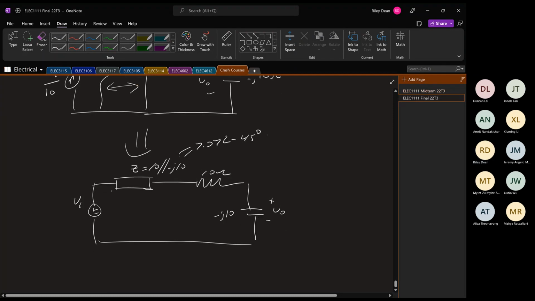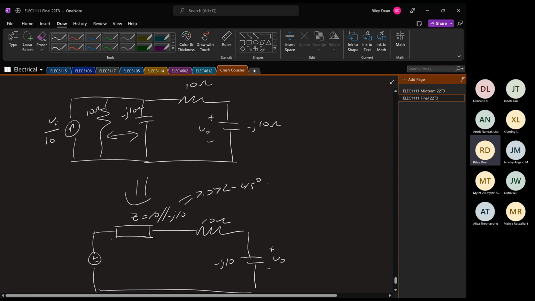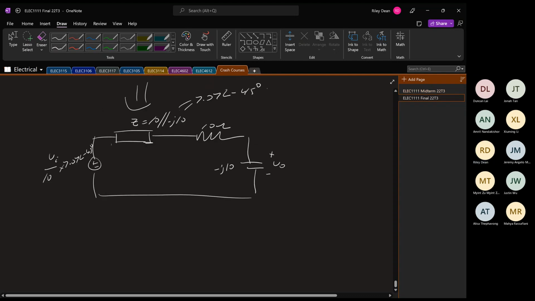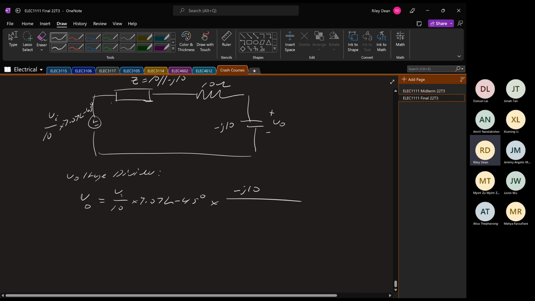Okay, so here we have that, and V is going to be IR, so it's VI on 10 times 7.07 angle minus 45. And then lastly, we just have to use a voltage divider. So VO equals VI on 10 times 7.07 angle minus 45 degrees, and we have minus J10, which is what we're concerned with. And this would actually be our final answer.